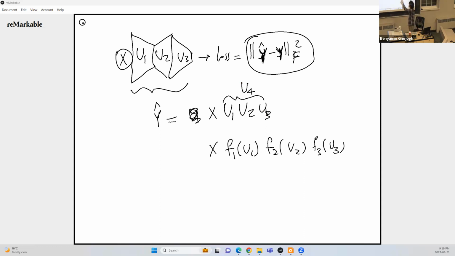Let's define U4 as U1 times U2 times U3. Here I can't because these are nonlinear. Then it becomes X U4. Let me rename it to beta, X beta. This is exactly linear regression. Okay, that was another insight I wanted to give you. Let's go to the next topic.